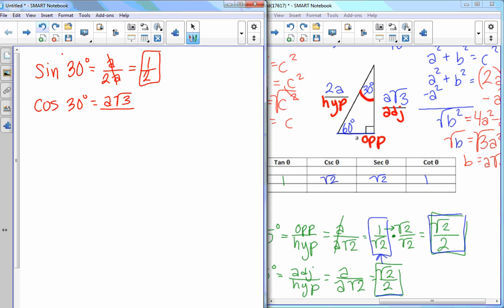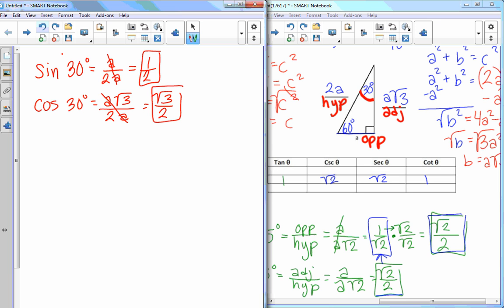A root 3 over 2A. Yep. A is canceled again, so the cosine of 30 has root 3 over 2. Can we leave that as is? Yes, because the square root is in the numerator, right? That's allowed. We just can't have it in the denominator. So fill in on your table, root 3 over 2.